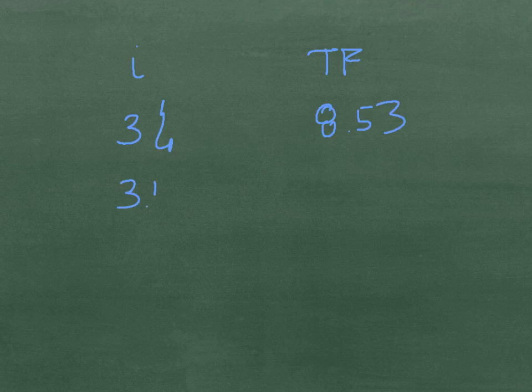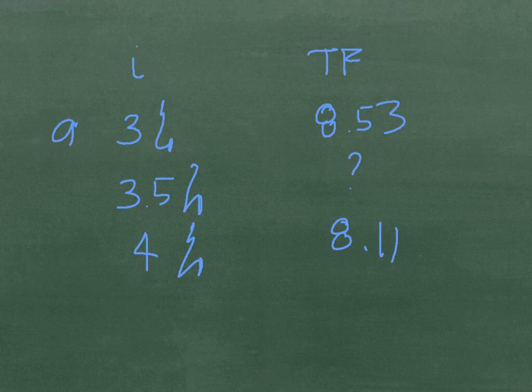We don't know what it is at 3.5%, but we know what it is at 4%. That is 8.11. So somehow the table factor for 3.5% should be somewhere between 8.53 and 8.11. And the way we solve this is via ratio and proportion.